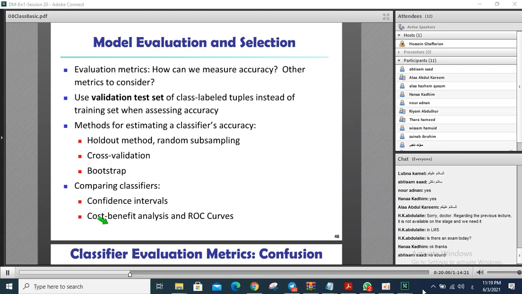Okay, because when we are talking about creating a classifier, creating a model, we are using train set records. But when we are looking to test the classifier, we have to use the test set of tuples.